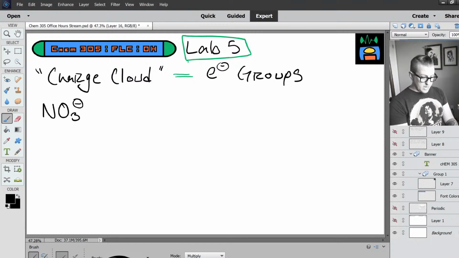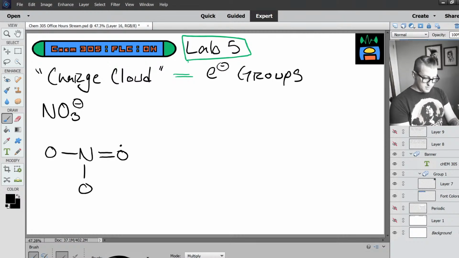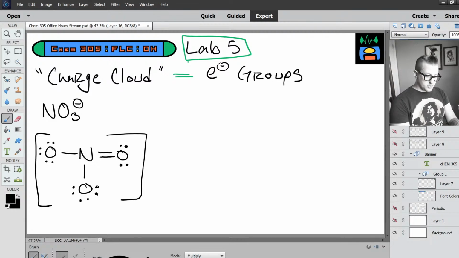Right? So we can draw out the Lewis structure for NO3, which looks like this. So this is the Lewis structure for nitrate.